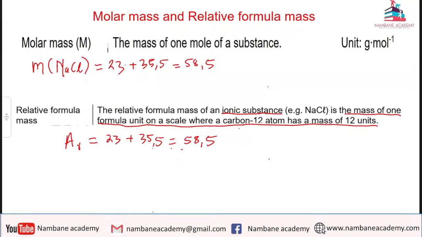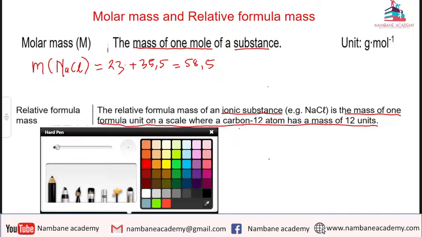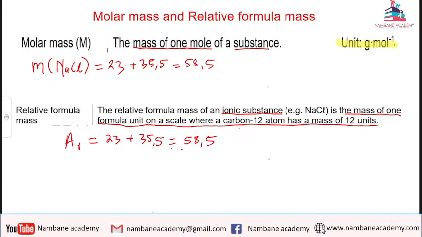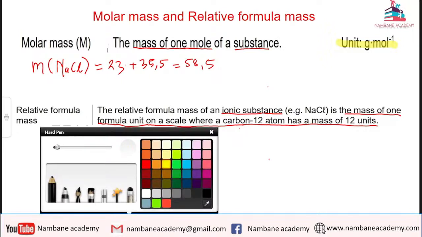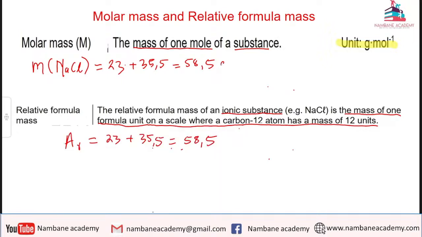And molar mass, it says the mass of 1 mole of a substance. Now, if you check, there is one thing that is different between the two. And that one thing is what we call the SI unit. So once we assign the SI unit, grams per mole, then we are referring to molar mass.